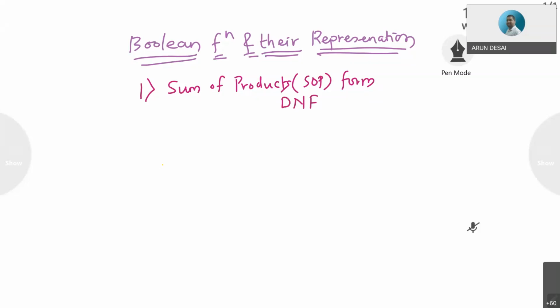See, suppose this is my function wherein three variables are there. Then it could be like a b plus b complement c. This is my expression, wherein you have terms of variables that are ANDed.